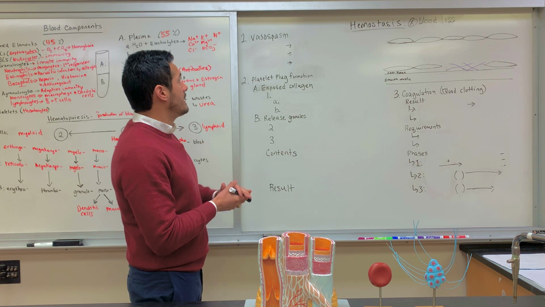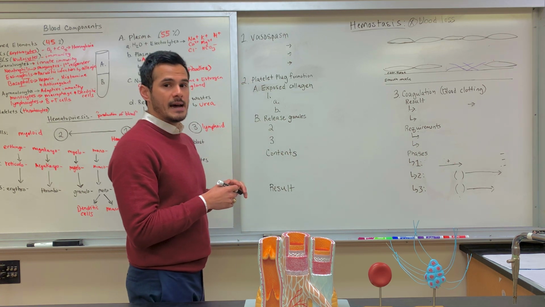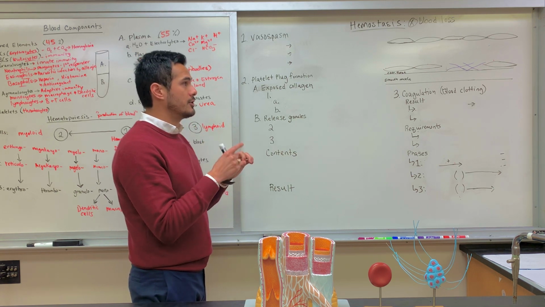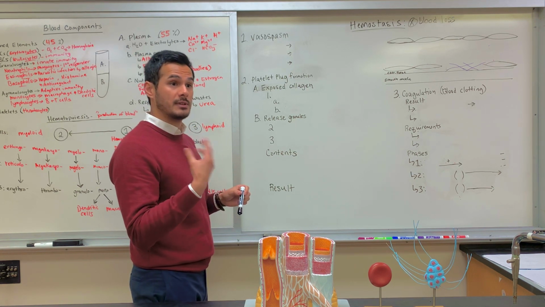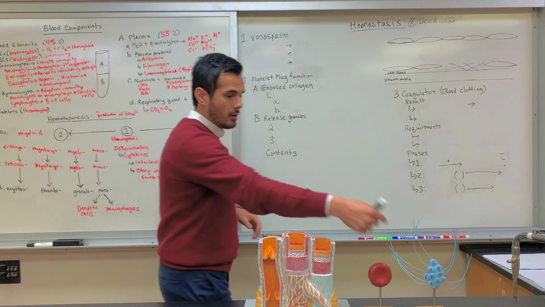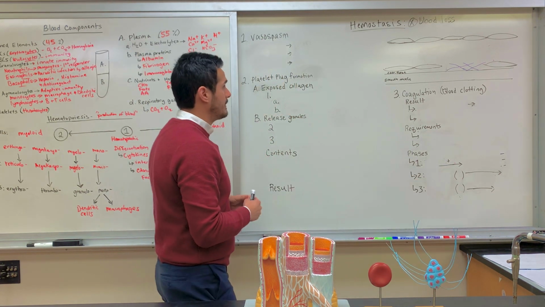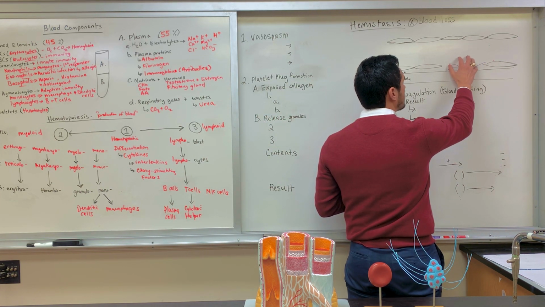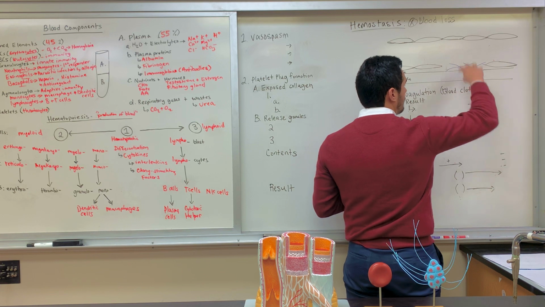So generally speaking, vasospasm means that the blood vessel is going to constrict because we're trying to reduce blood flow to prevent the blood from leaving. Second is the platelet plug formation. So all of these platelets, wherever there is a breakage, will start to accumulate here, right? Because we're preventing the blood from leaving.